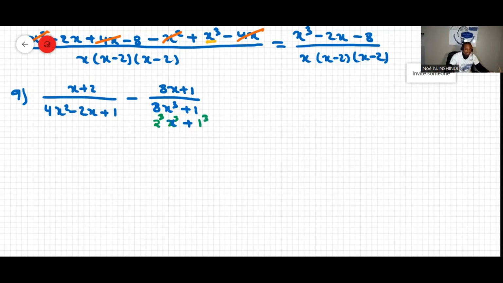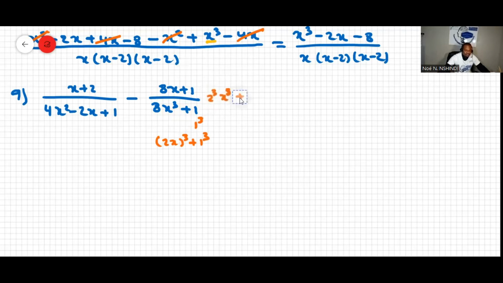So this can be written as 2x raised to the power 3 plus 1 to the power 3. So we have a sum of two cubes over there.